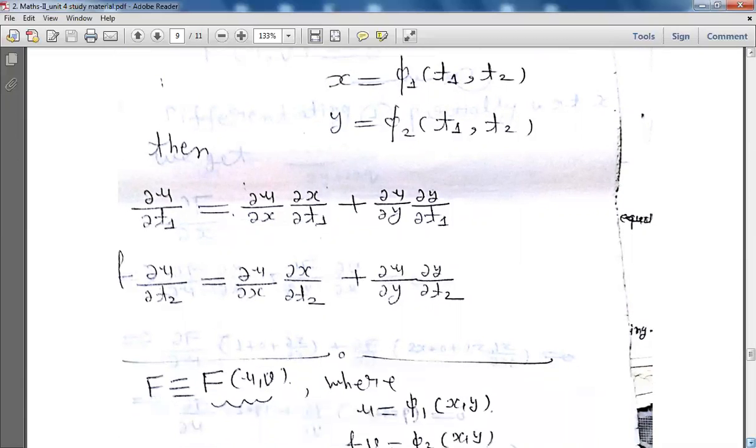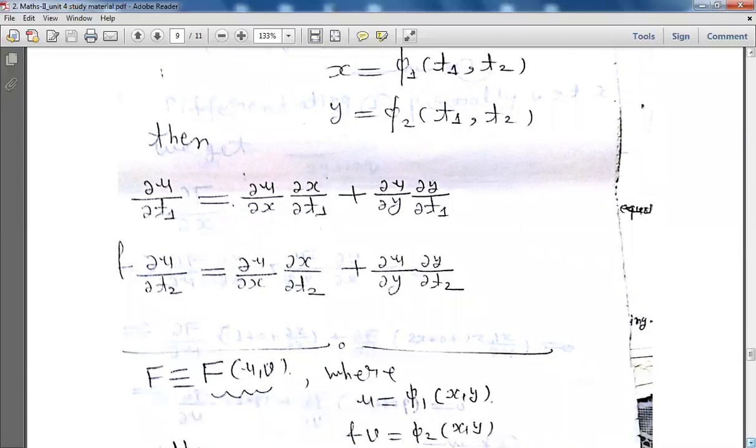Because x and y are functions of more than one variable, we should write partial derivatives. Similarly, del u by del t2, this is the total differential coefficient of u with respect to t2. So del u by del t2 equal to del u by del x into del x by del t2 plus del u by del y into del y by del t2.